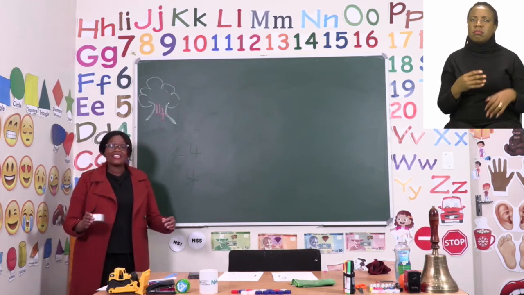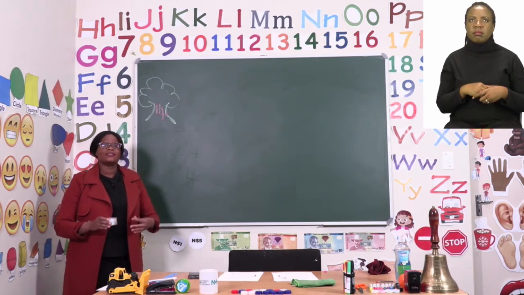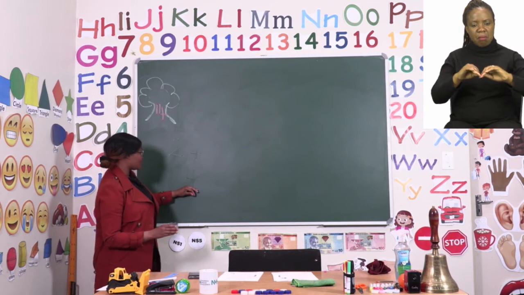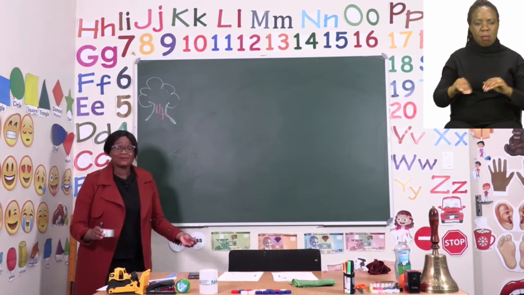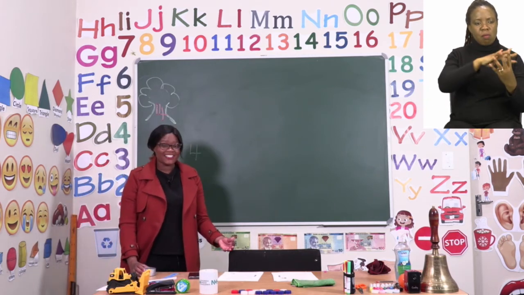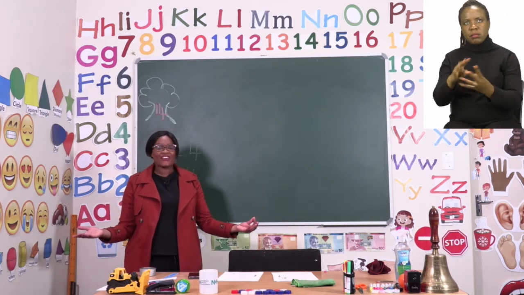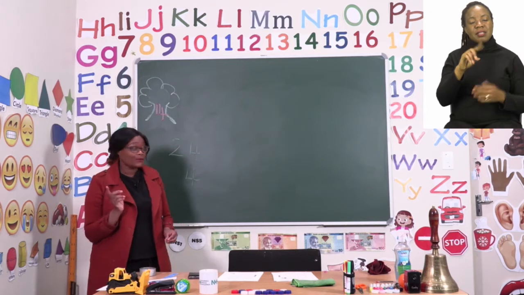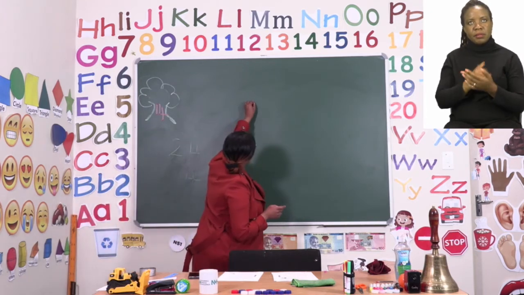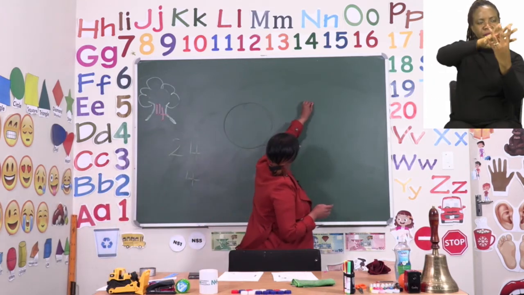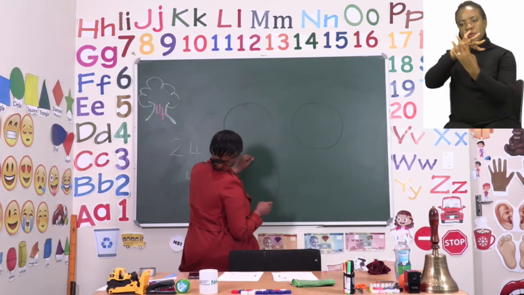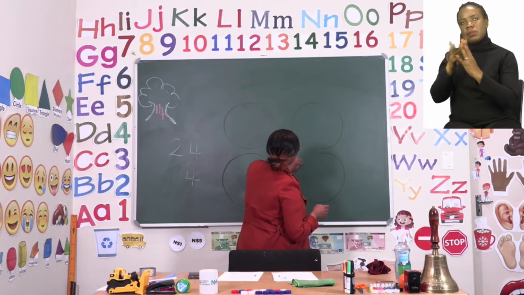And then it goes on to say that the farmer divided them into 4 camps. So, since we now know that the farmer divided, that means we are sharing. We are going to share equally. So we're going to draw our 4 camps. 1, 2, 3, and 4.